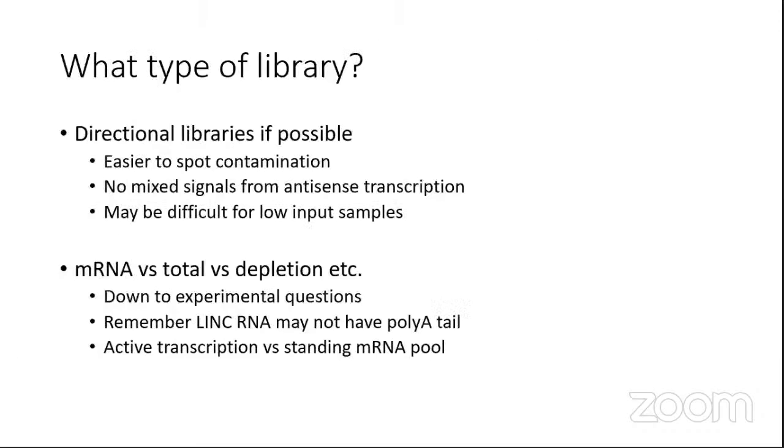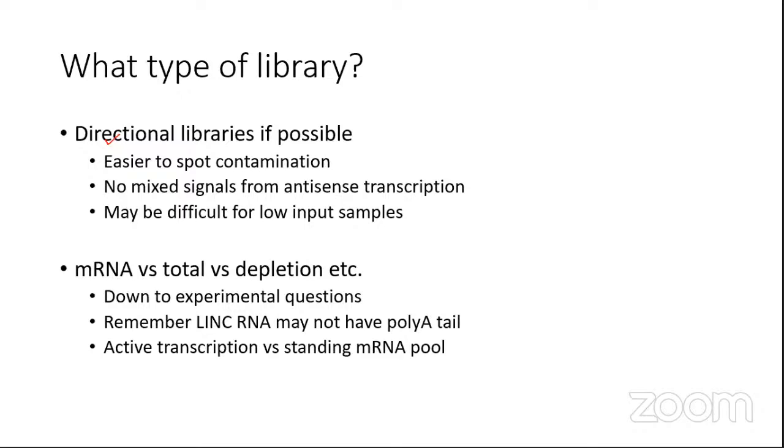Now let us see what different types of libraries are present, how to take care of those, what to choose, what not to choose. There are two types of libraries, directional and undirectional.